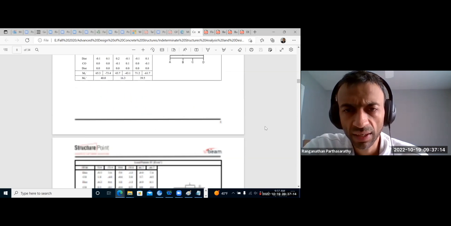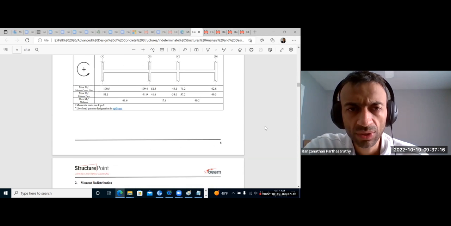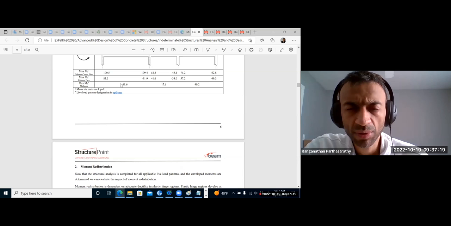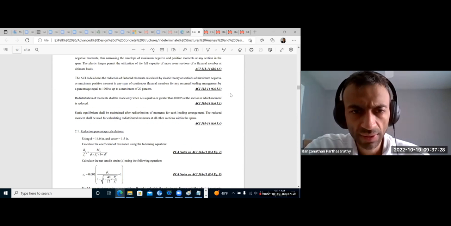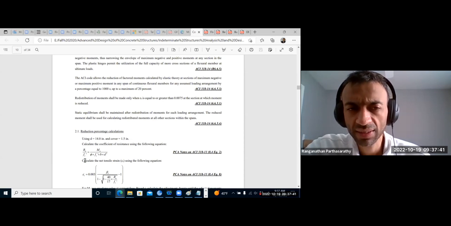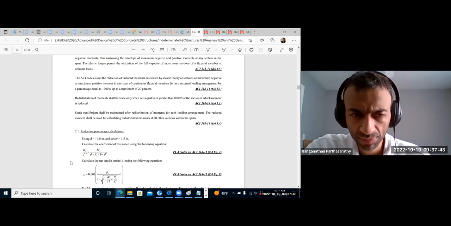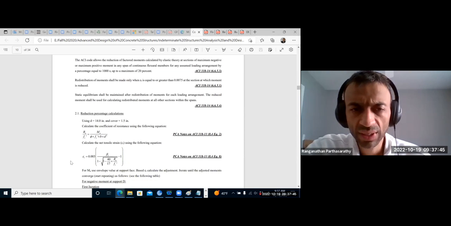So what did they get now? We got all of the maximum moments at all of the supports. Now this is moment redistribution. First we need to calculate the R value, the flexural resistance factor value. This is just scaled with fc prime. Then we are going to calculate.